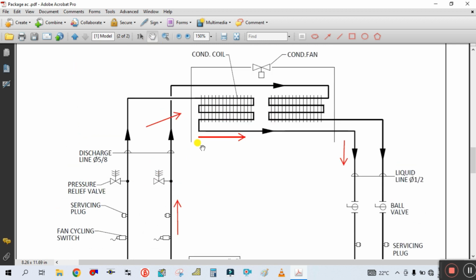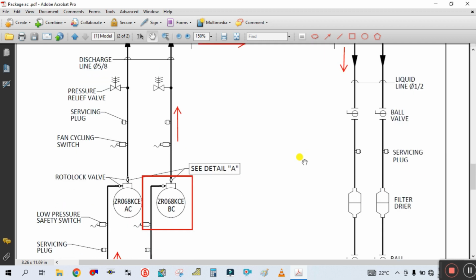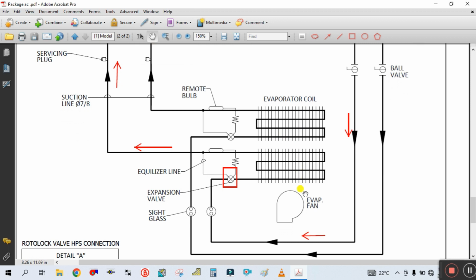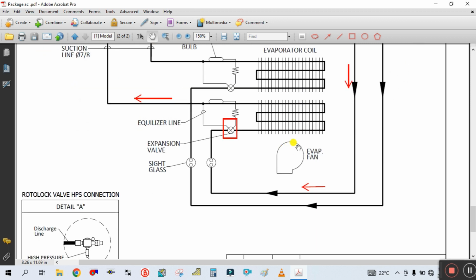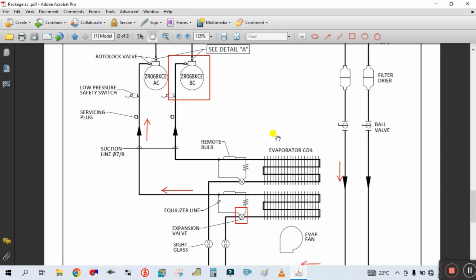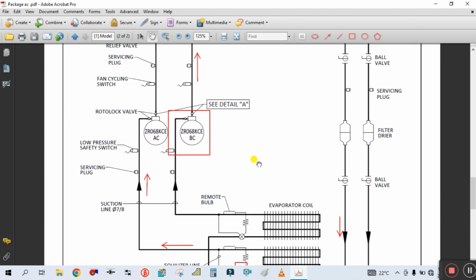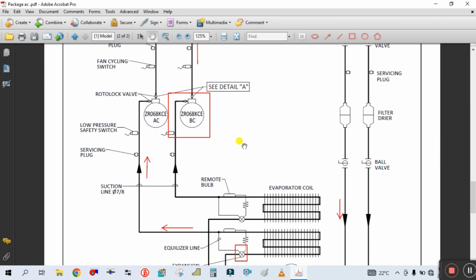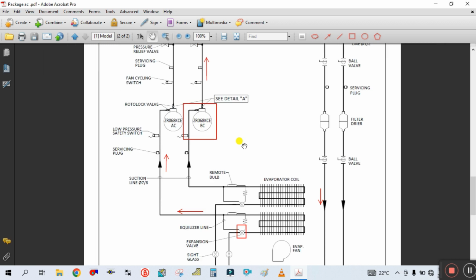Again here it will change its phase, and this cycle continues. So this is how the vapor compression cycle is working, and this is the process of the vapor compression cycle.